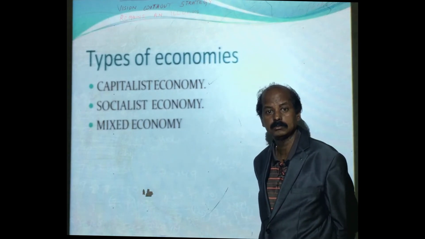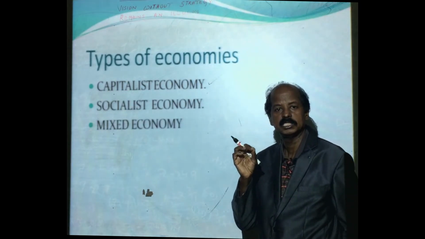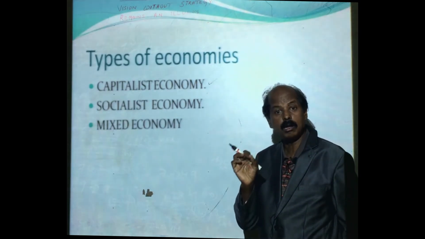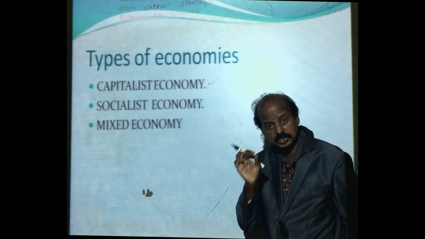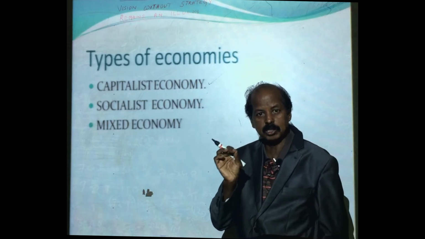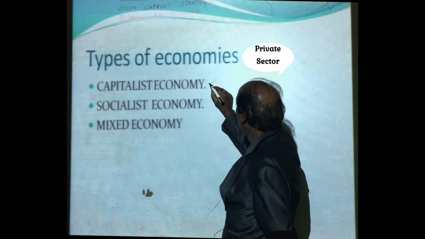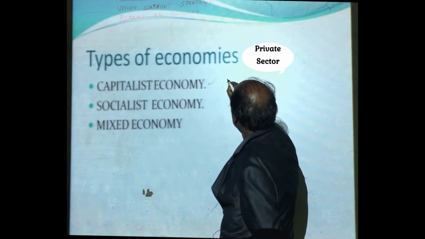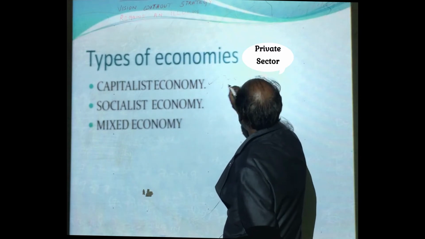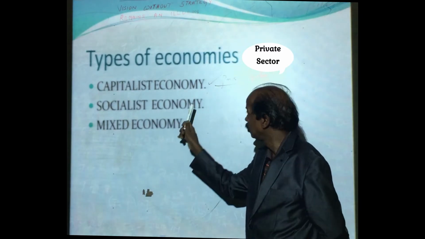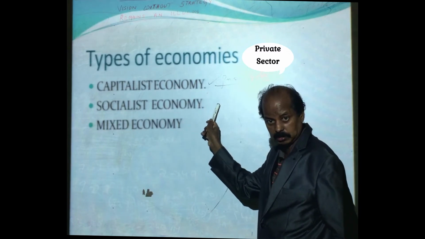Capitalist economy is the economic system in which all the main means of production are controlled and owned by the private sector. You know, in capitalist economy, private sector is important.